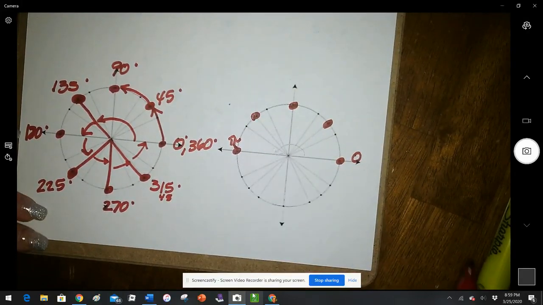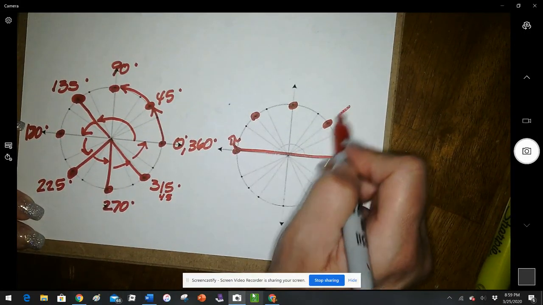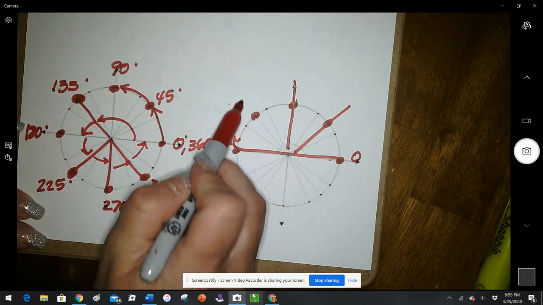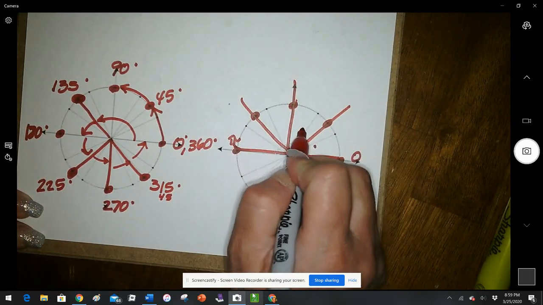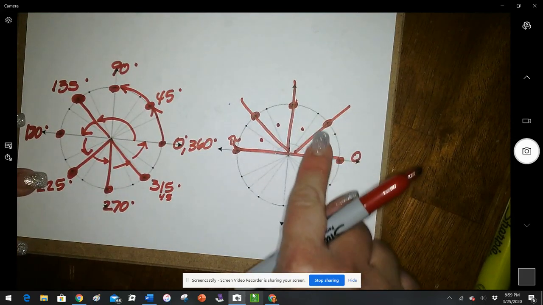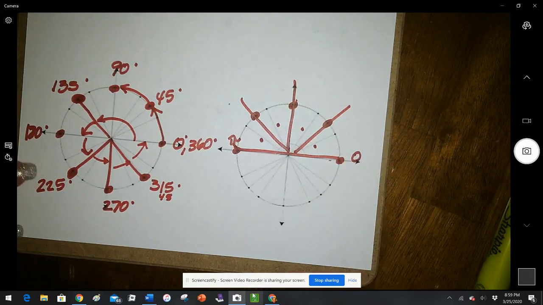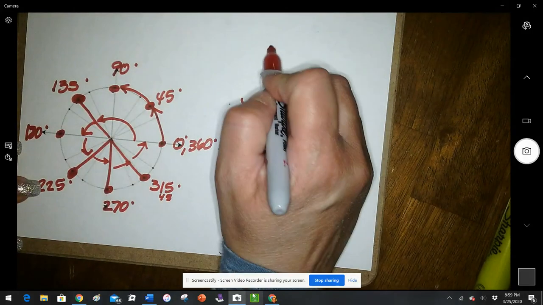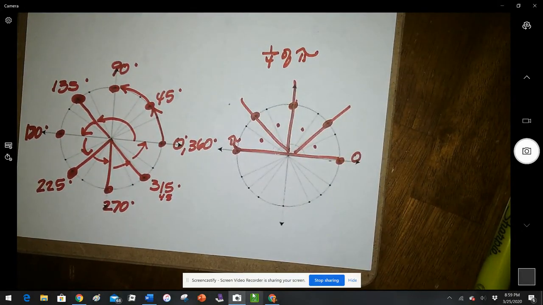So if I look just from 0 to pi, I'm cutting this pi into 1, 2, 3, 4 fourths. And so each one of these marks as we go is going to be a fourth of a pi. Okay, so 1/4 of a pi is what each one of those marks are.